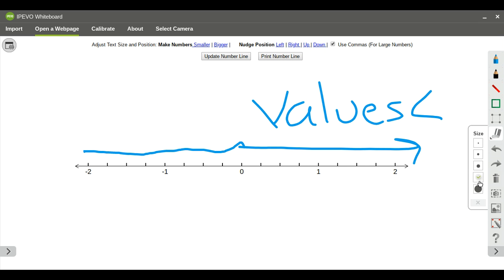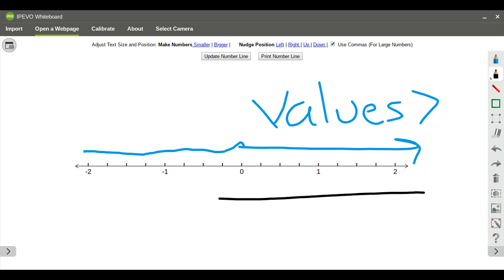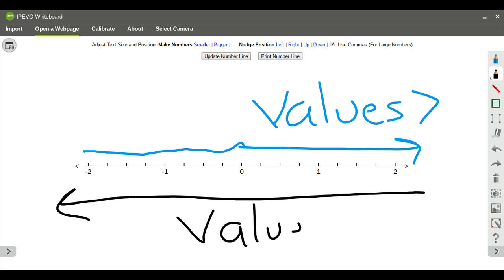My values are going to be greater. And this is going to be important when we take a look at the lesson that we're going to do next. Values are greater as I go right. But as I go left on a number line, we know that the values are going to be less than, or they're going to decrease. Okay, so keep that in mind as you guys are plotting today.